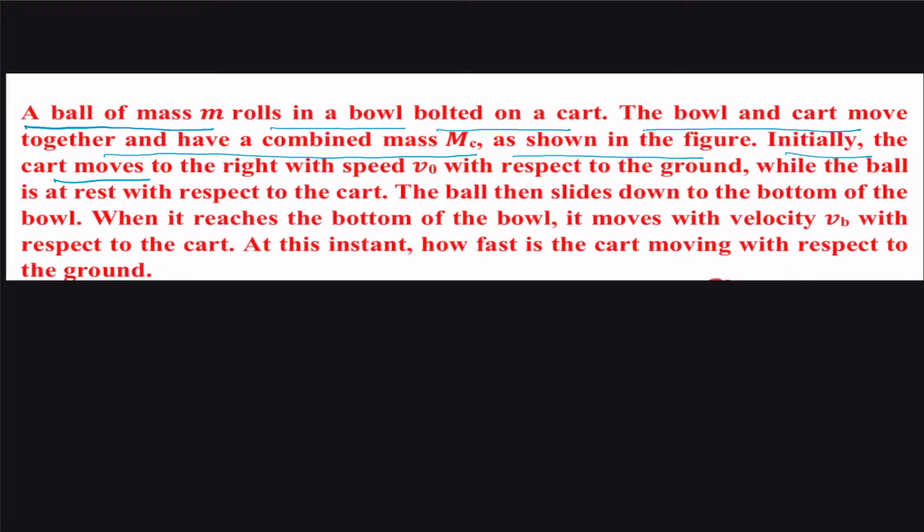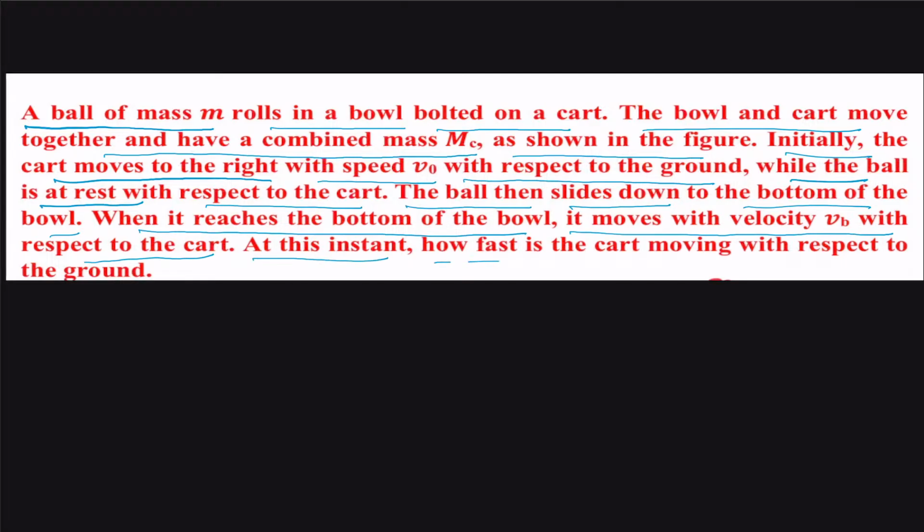Initially, the cart moves to the right with a speed v0 with respect to the ground, while the ball is at rest with respect to the cart. The ball then slides down to the bottom of the bowl. When it reaches the bottom of the bowl, it moves with a velocity vb with respect to the cart. At this instant, how fast is the cart moving with respect to the ground?